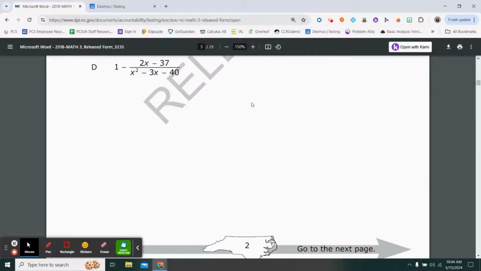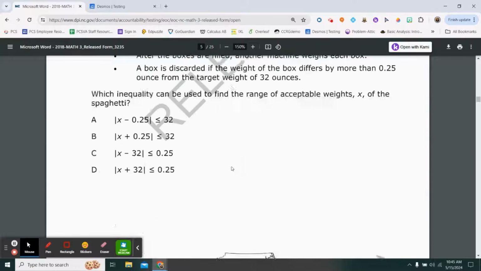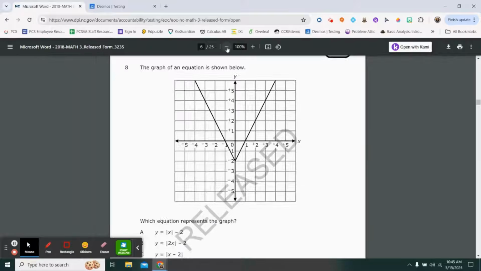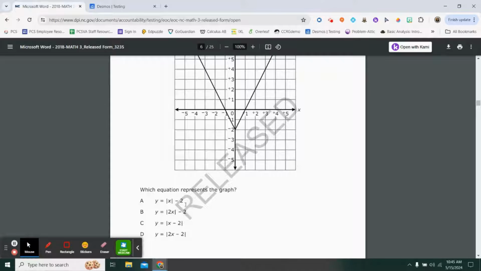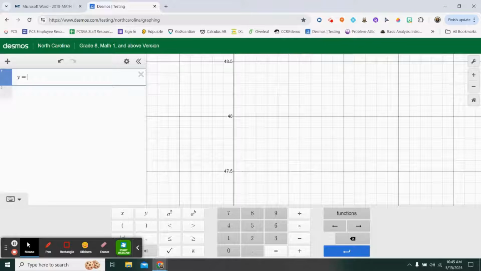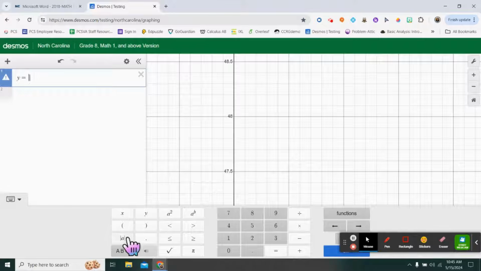Graphs like number 8, sorry if I'm scrolling a little fast. Number 8 is asking me about a graph and which is the equation. I'm just going to type these into Desmos until I figure out which one's the same. So I'm going to do y equals answer choice A, which was absolute value. The absolute value bars are right here.